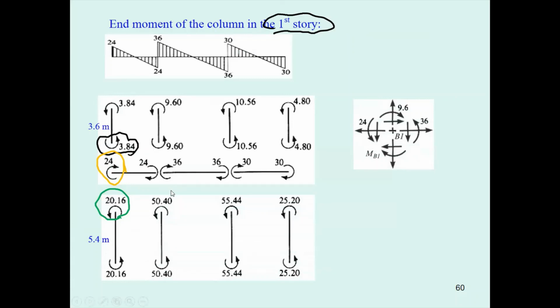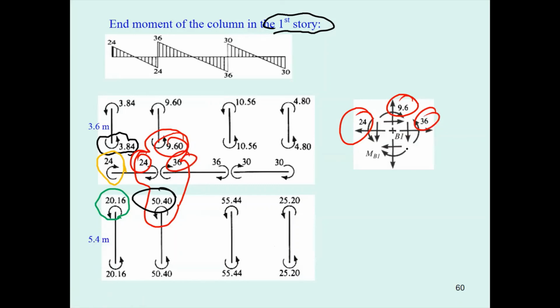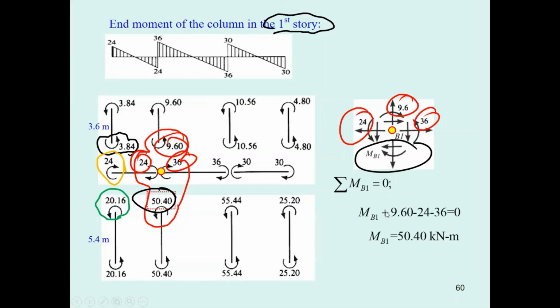Okay, and if you are interested in this point, you may also use everything and draw this one. This one is 24. This one is 9.6. This one is 36. And finally, you can determine this one by summation of the moment at this joint to be 0. And then you get this 50.54.